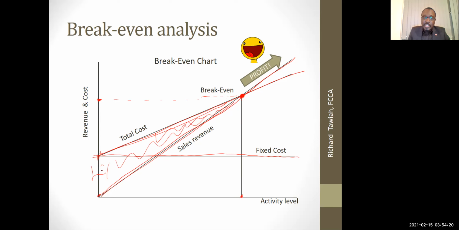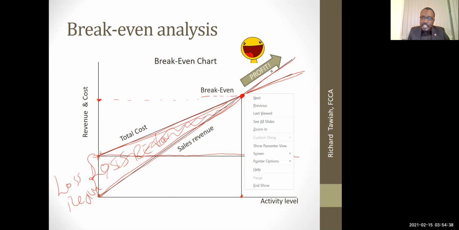So the whole of this section is the loss-making region. But at this point, when total cost is lower and revenue rises above it, what would we say? When the revenue is above, this becomes our profit zone.